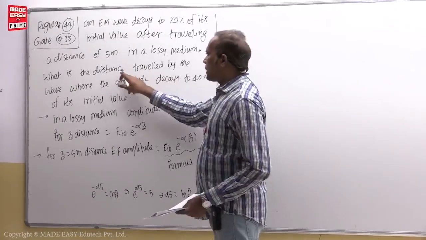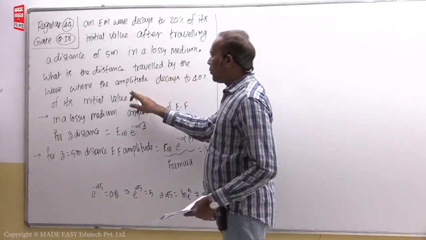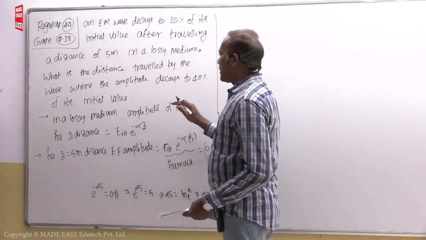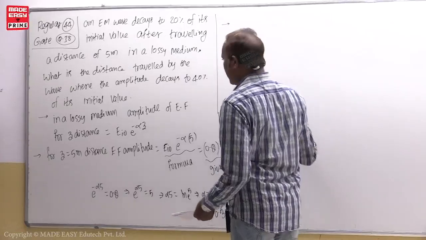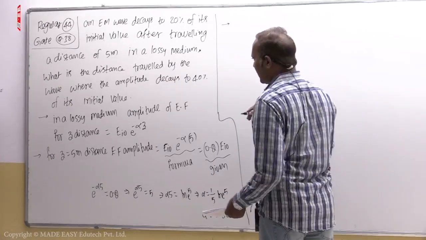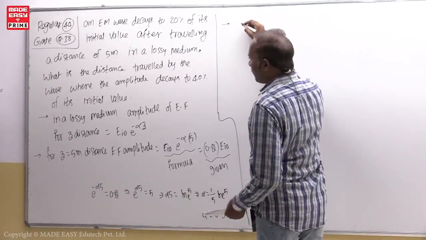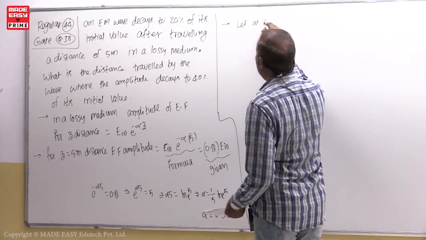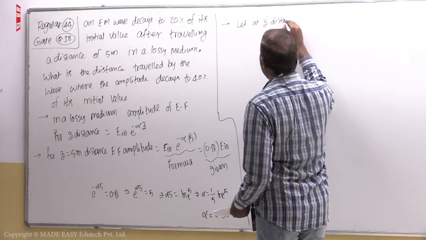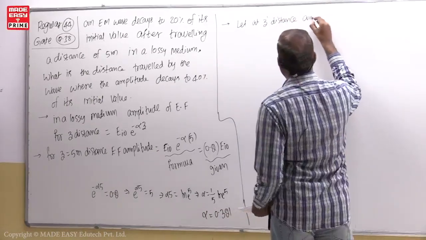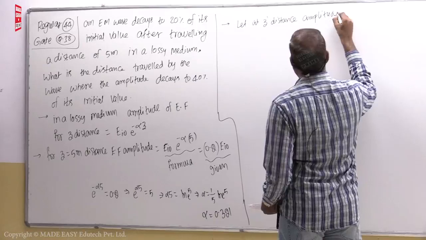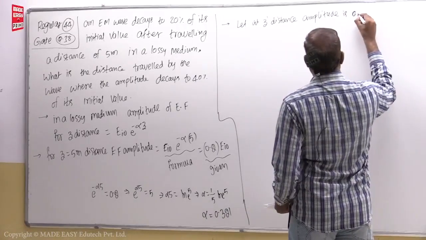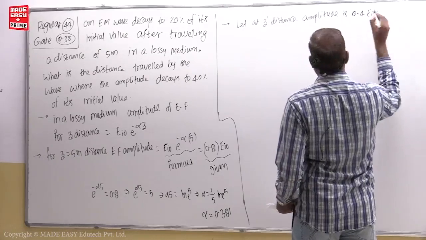Next, what is the distance traveled by the wave where the amplitude decays to 40% of its initial value? Let the amplitude be 40% at z dash distance, that means 0.4 EA0.